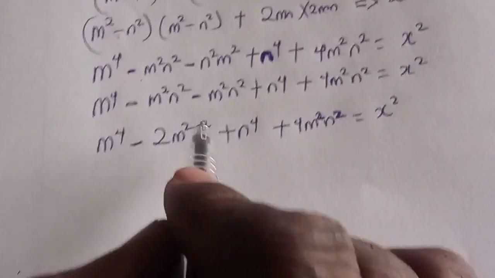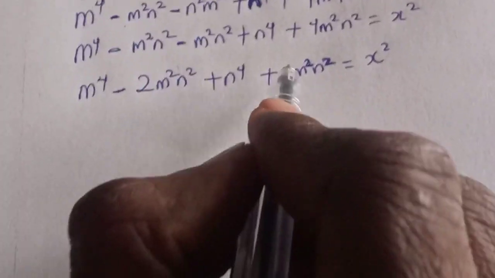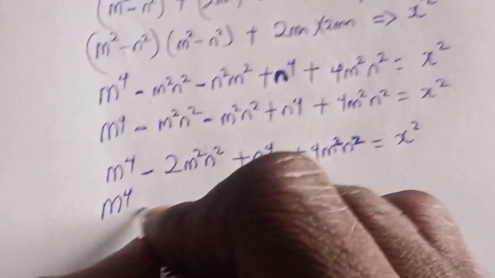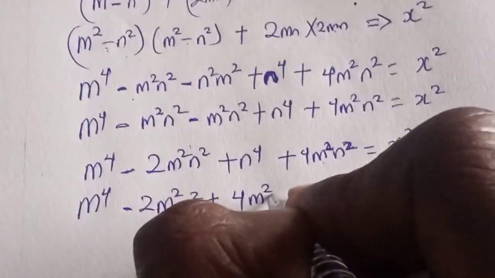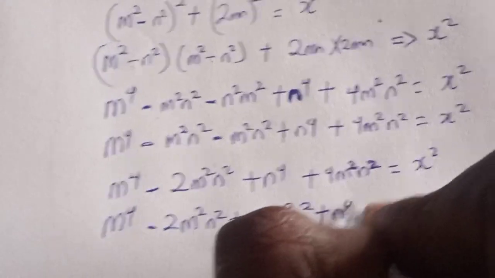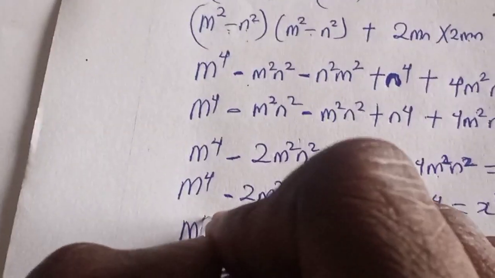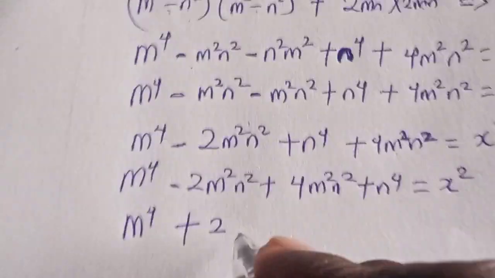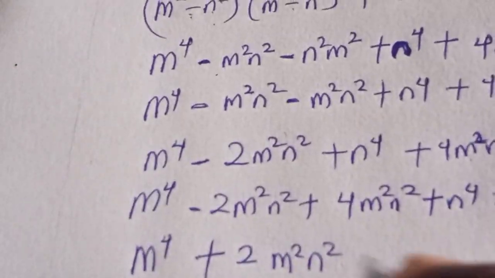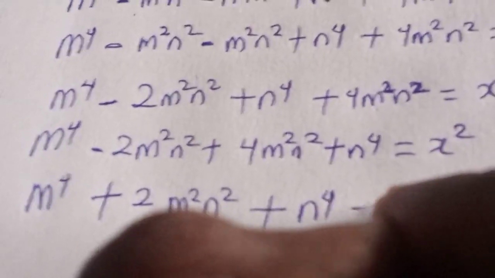We have the like terms minus 2m²n² and plus 4m²n², so we bring them together. Minus 2m²n² plus 4m²n² gives us plus 2m²n², plus n raised to power 4 equals x².